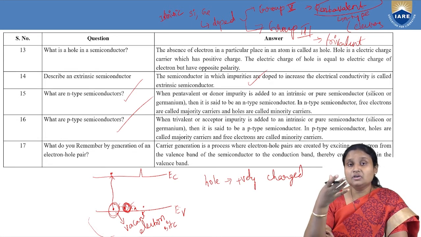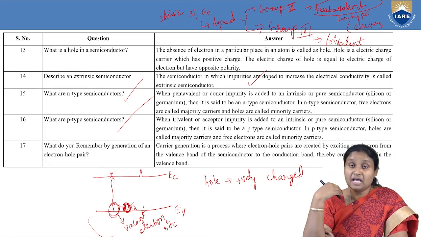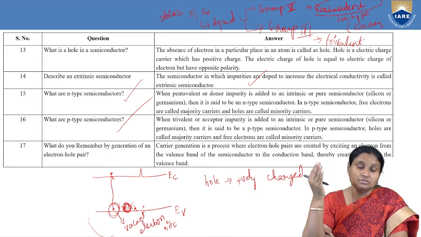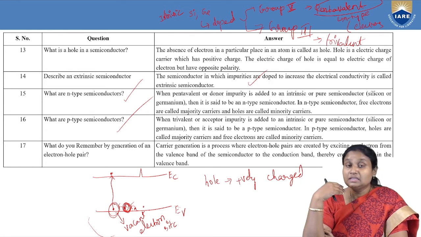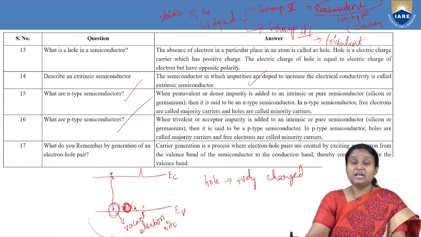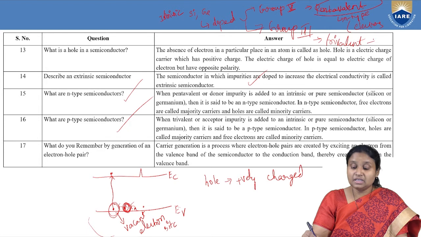They have a tendency to become negatively ionized by accepting an electron from the valence band of the intrinsic semiconductor. As a result, because they accept electrons, they create holes, resulting in the formation of holes in the valence band of the intrinsic semiconductor. That's why here the majority charge carriers are holes.